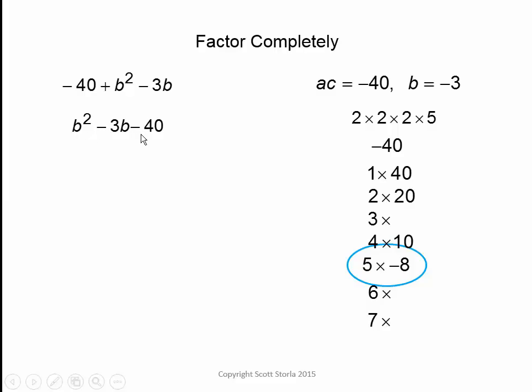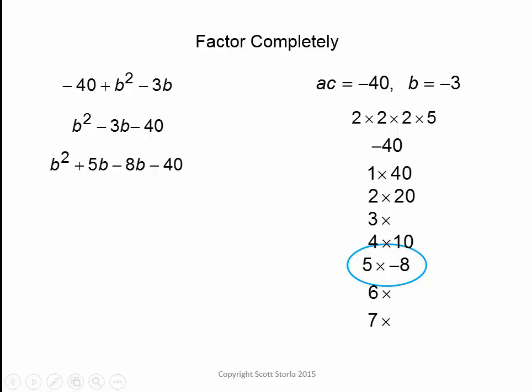So I can return to my original trinomial. The second degree term and the constant will remain the same, and I'll rewrite the first degree term using these two values as my coefficients. That is, it will be b squared plus 5b minus 8b minus 40.